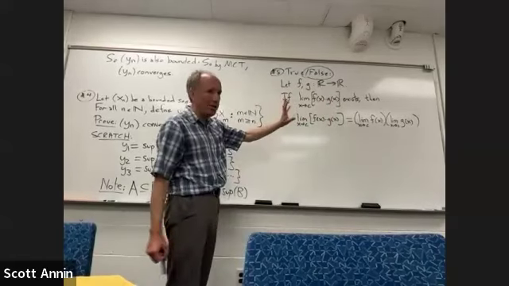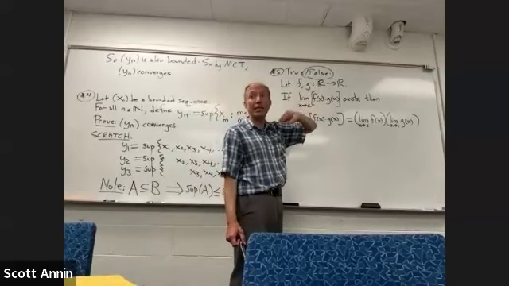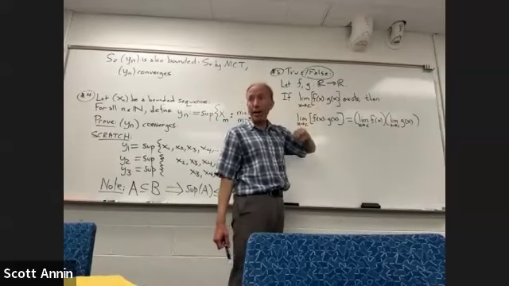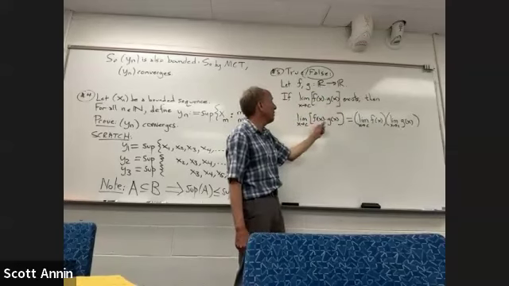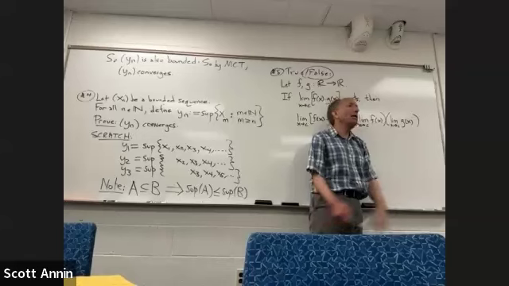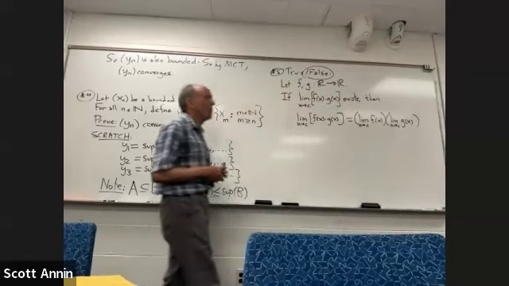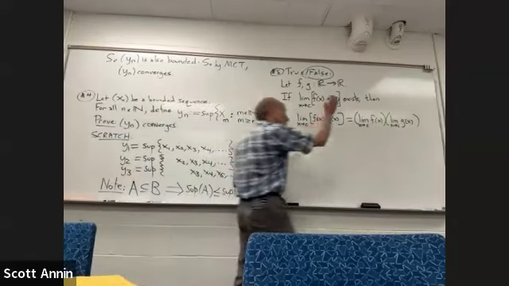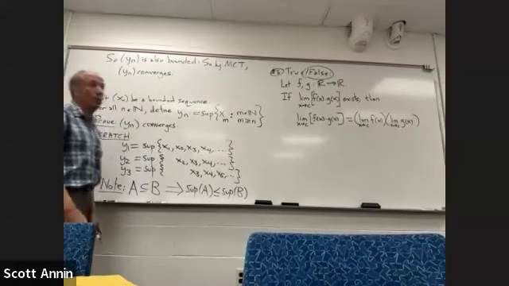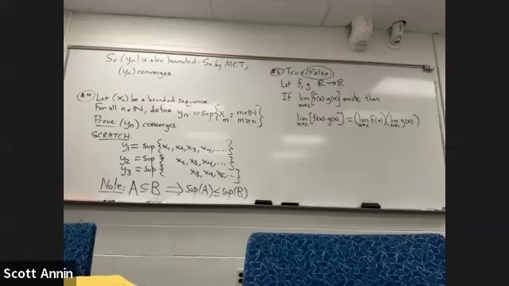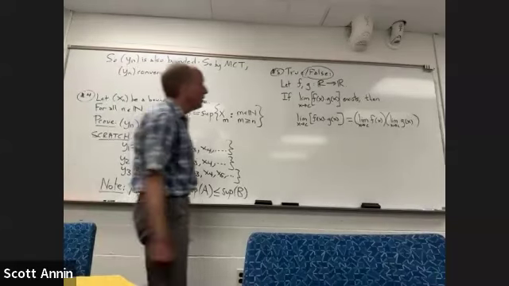Maybe something with addition. I could do the same game with f of x plus g of x. If the limit of f of x plus g of x exists, does that mean the limit is this one plus this one? You again have the problem that if you don't know that the individual limits exist, then you can't really make that work. So that would have also been false, even with plus signs.